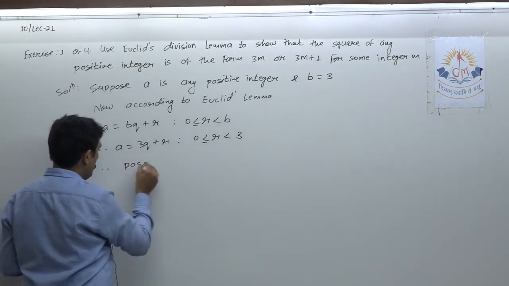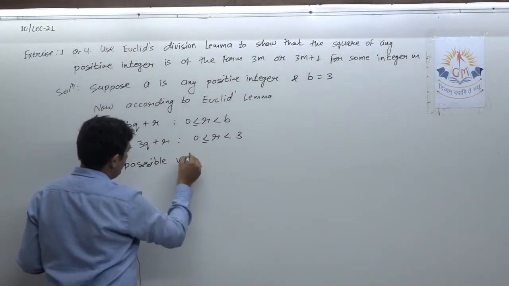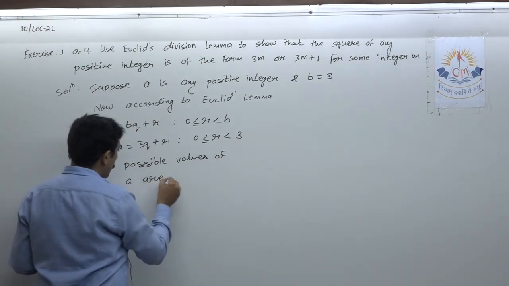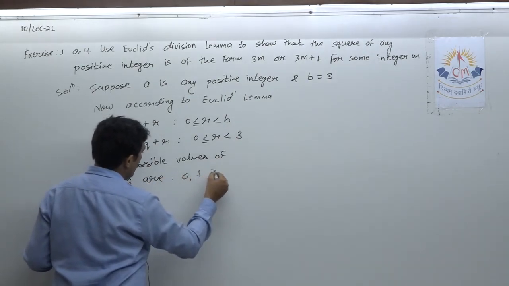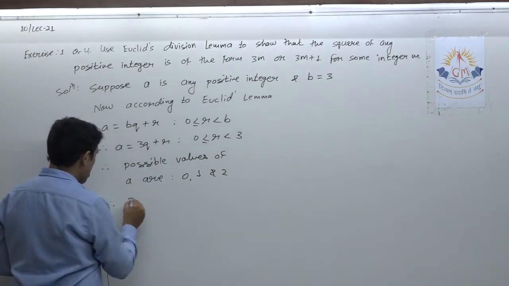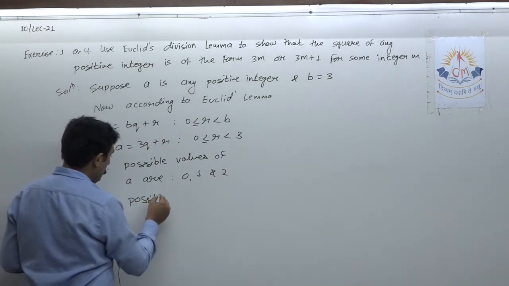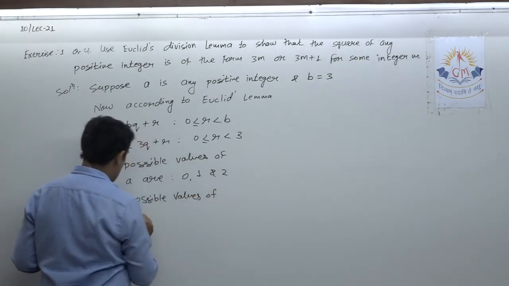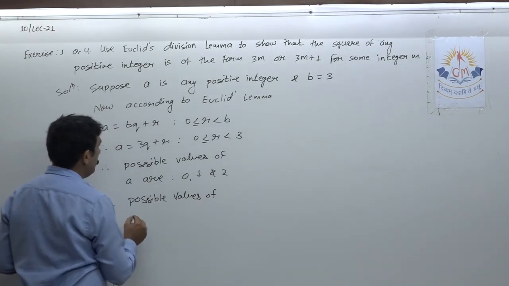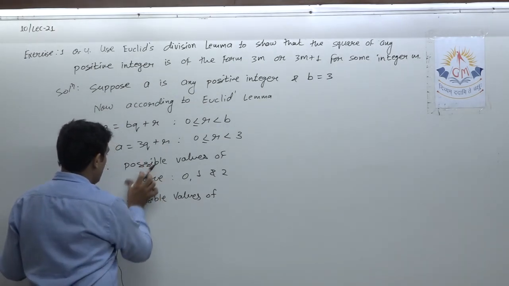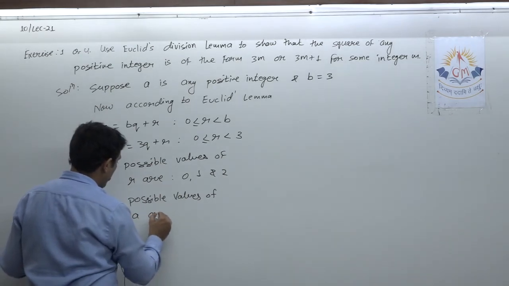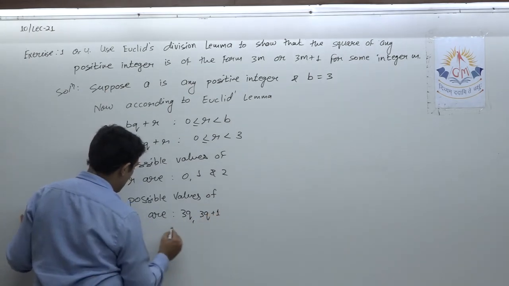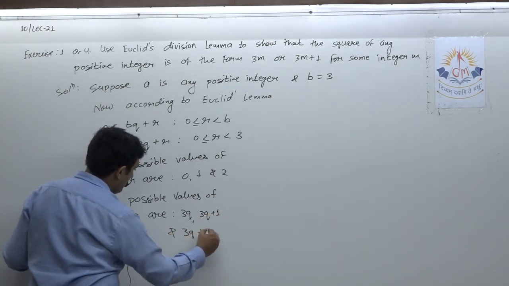Therefore, possible values of R are 0, 1 and 2, and hence possible values of A are 3Q, 3Q plus 1 and 3Q plus 2.